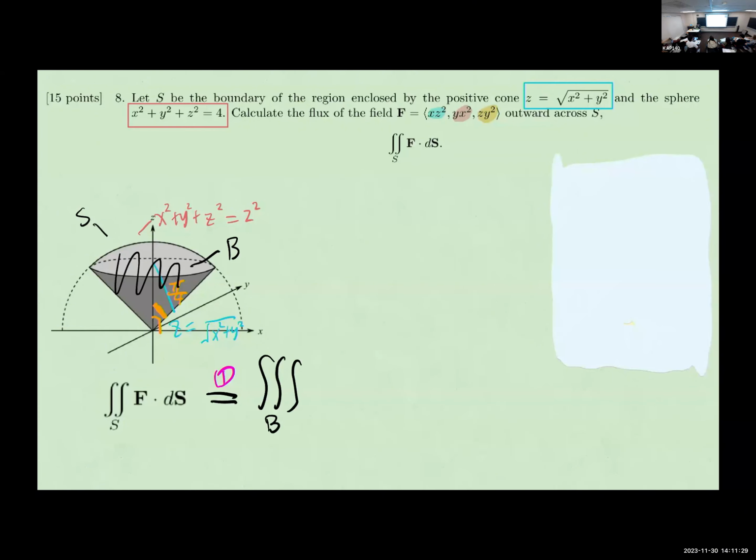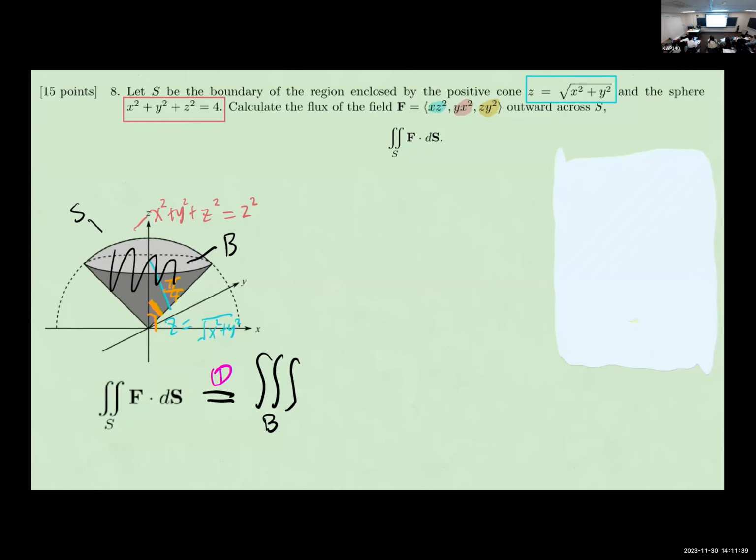In other words, the boundary of B is this surface S, and the entire solid is this B, a 3-dimensional solid. So the divergence of the same vector field, dV, right? This is a triple integral. This is what the divergence theorem tells us.